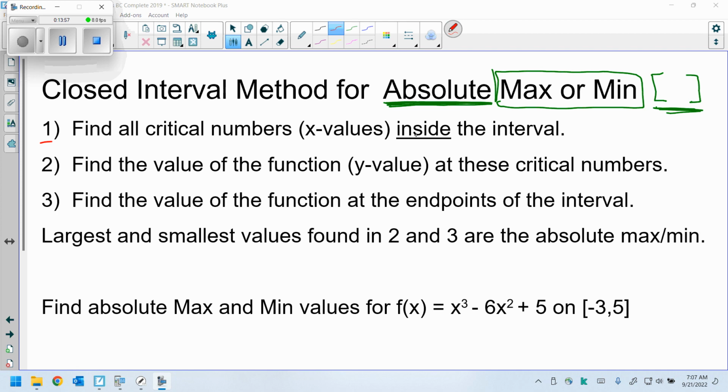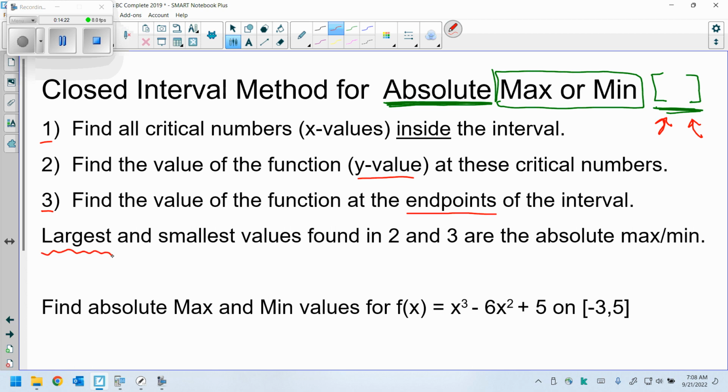And then find the value of the function, find the y value at those critical numbers. Finally, find the value of the function at the end points of the interval. Remember, it's a closed interval. It does include those numbers. And the biggest y value that we find, that's the absolute max.